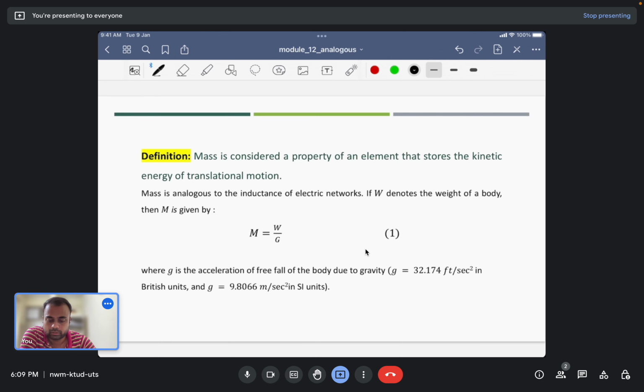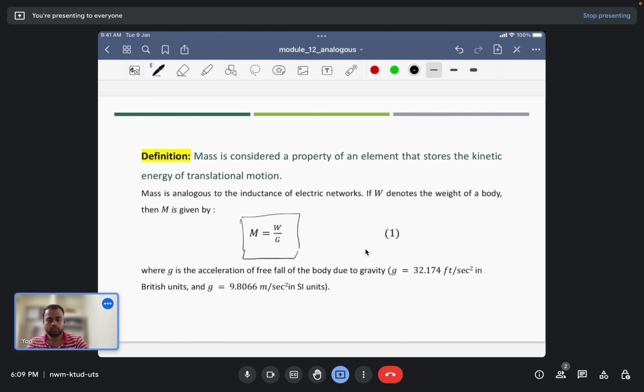By definition, mass is considered a property of an element that stores the kinetic energy of translational motion. Here is a relation between mass and weight. Weight is actually a kind of force, that is mass times the acceleration due to gravity constant g.